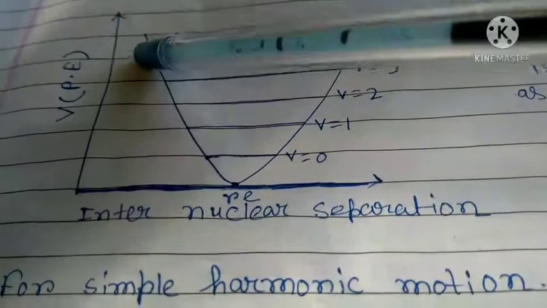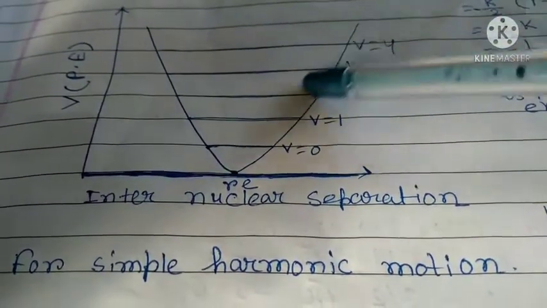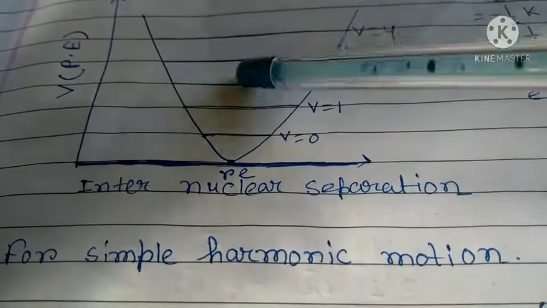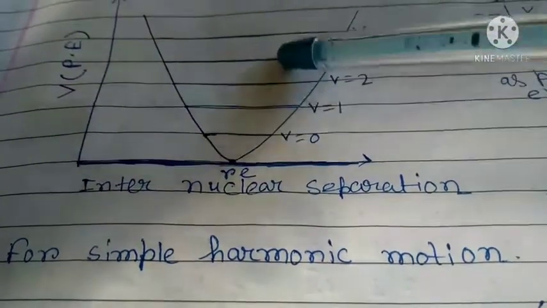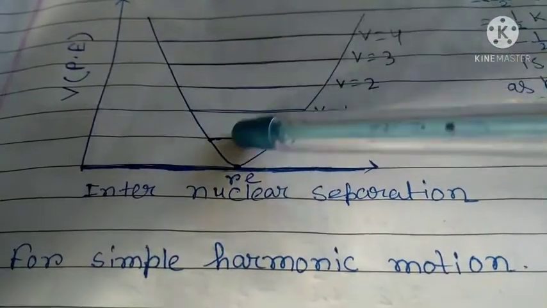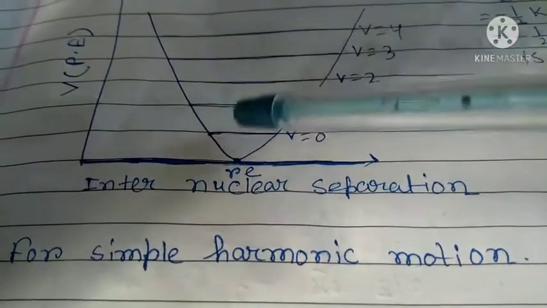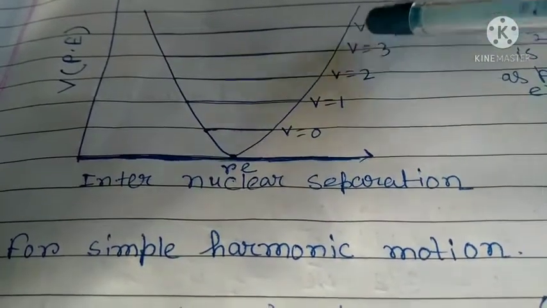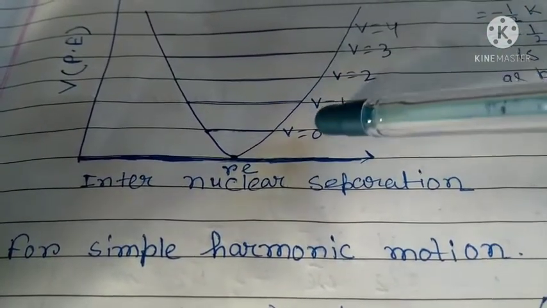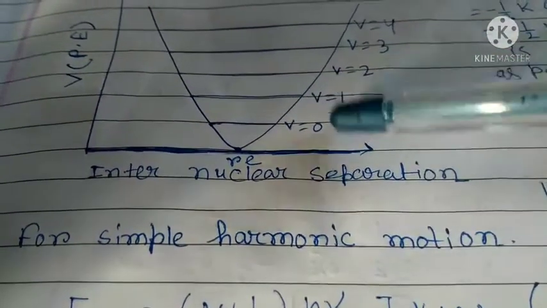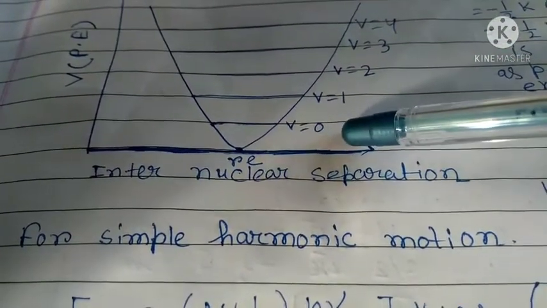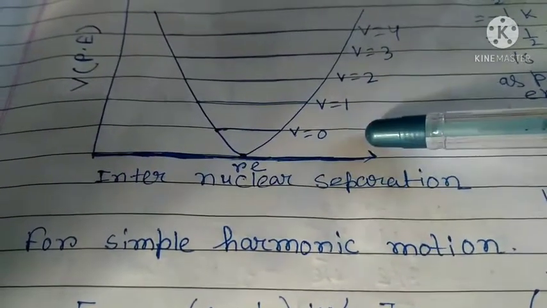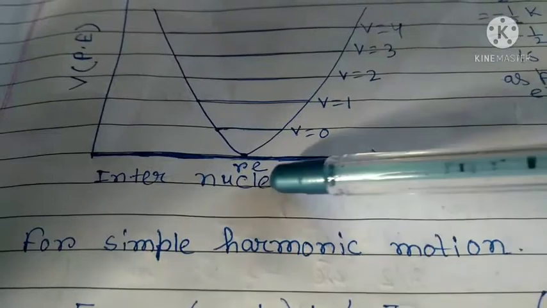If we consider this whole curve as the potential well, and potential energy is stored here, this potential well is composed of some potential energy levels having different quantum numbers. We know that any molecule can have only some discrete amount of energy, it cannot have any energy.